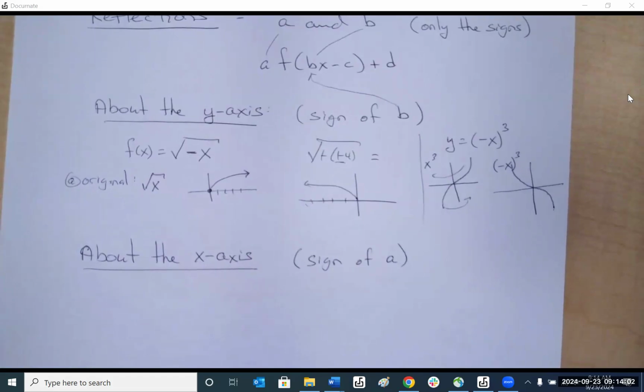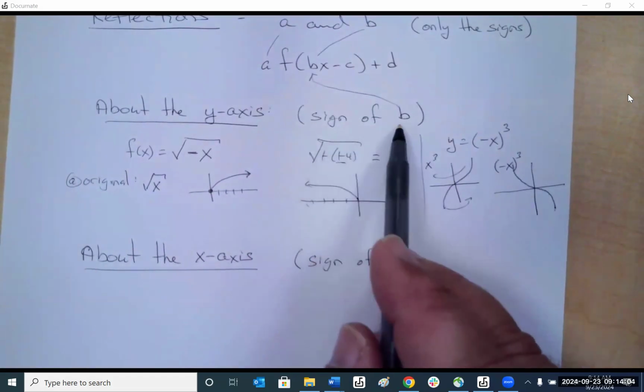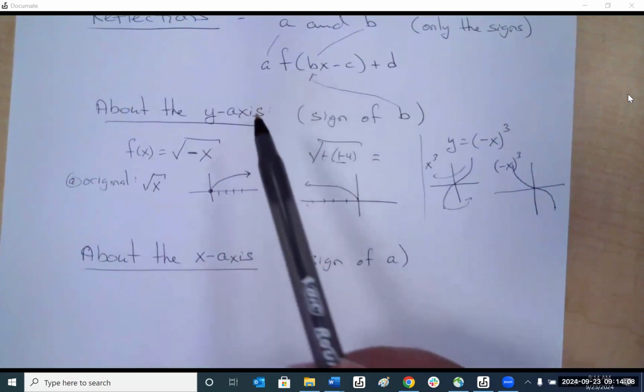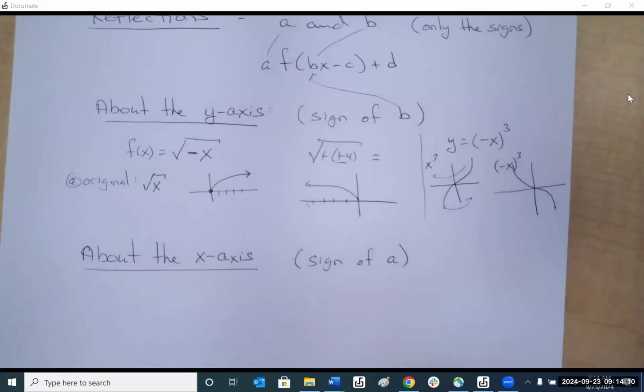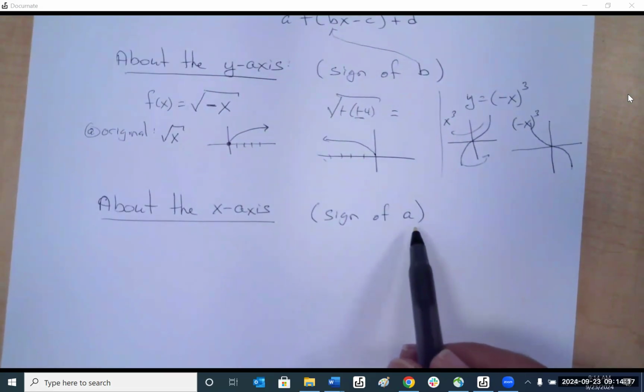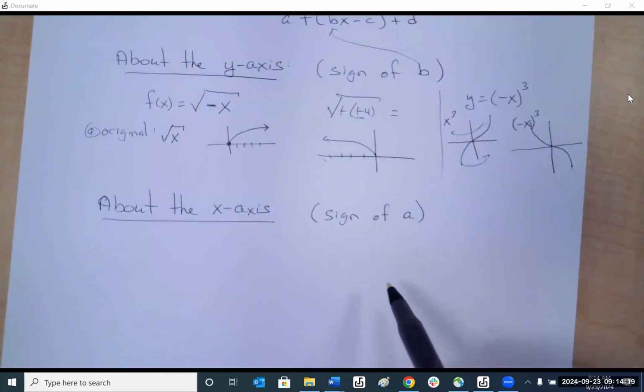So whenever the sign in front of x changes, it flips across the y-axis. If the sign in front of the function changes, then it flips across the x-axis.